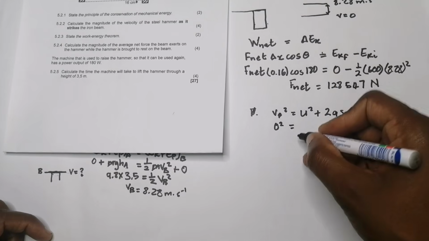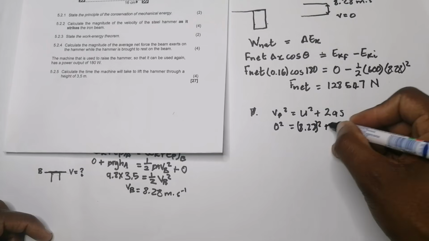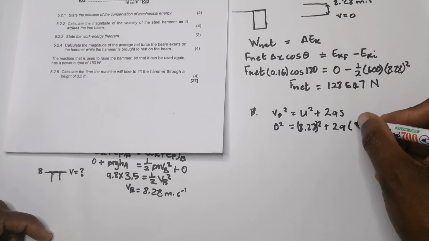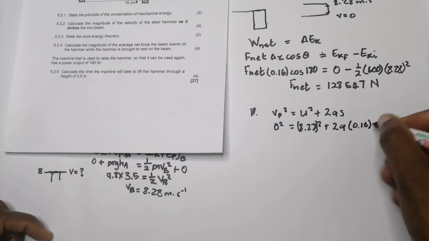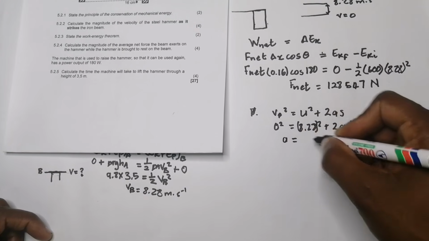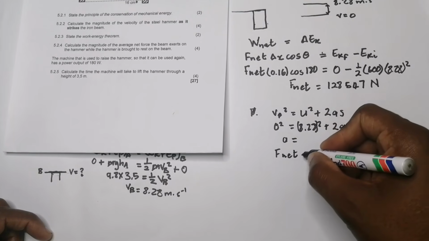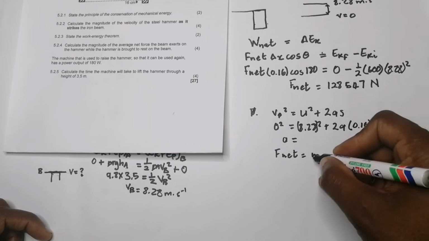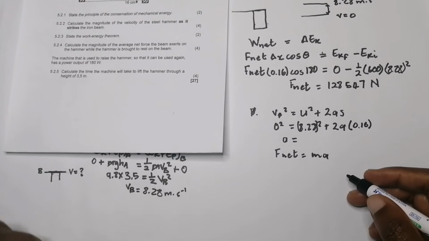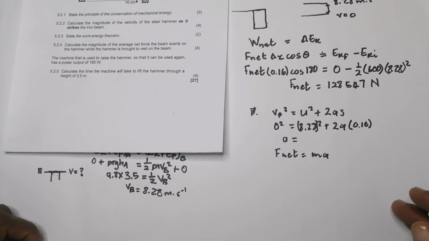My initial velocity was 8.28, plus 2 times A, which I'm looking for, and my displacement was 0.16. That is if I took down as positive. You would get that acceleration, and after finding the acceleration, you would say F net is equal to ma. You'd use the mass, which is 600, and the acceleration you got, and I'm sure you'll end up at the same answer. You can try it and see.